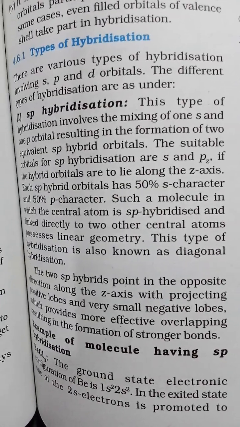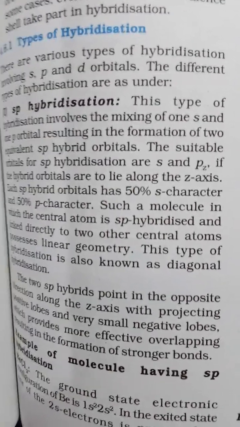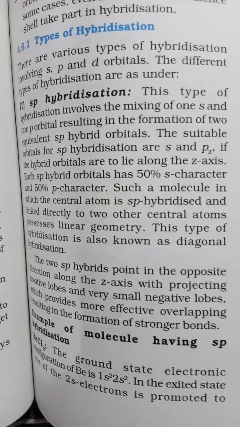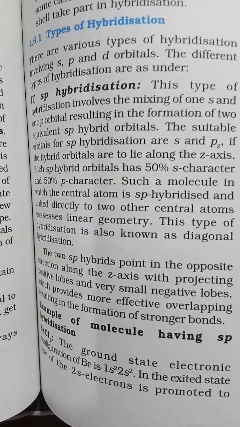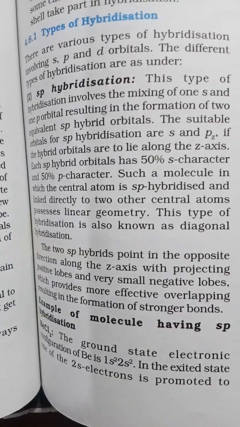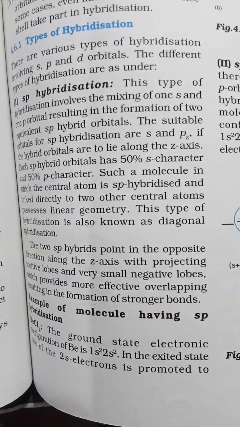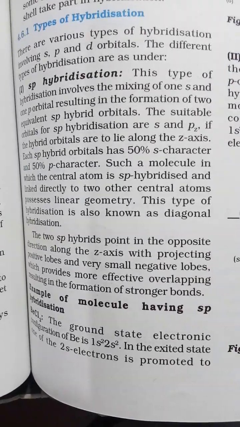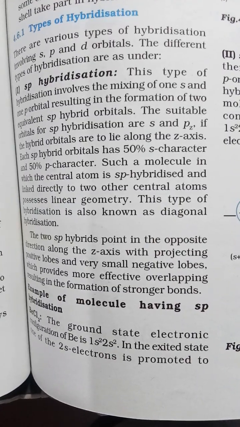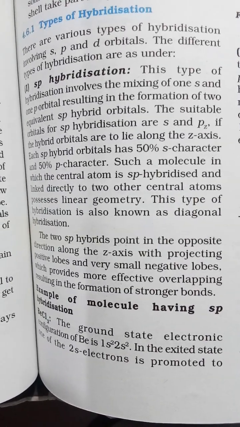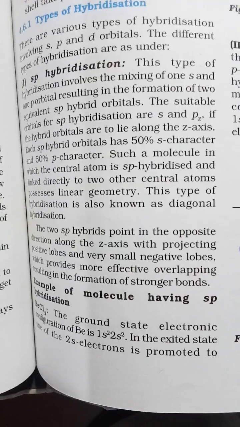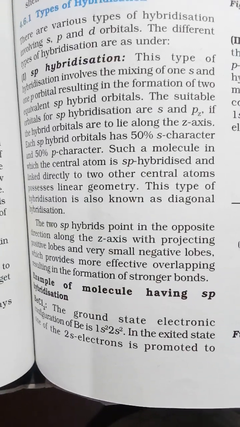If the hybrid orbitals are to lie along the z-axis, each sp hybrid orbital has 50% s character and 50% p character. Such a molecule in which the central atom is sp hybridized and linked directly to two other atoms possesses linear geometry.